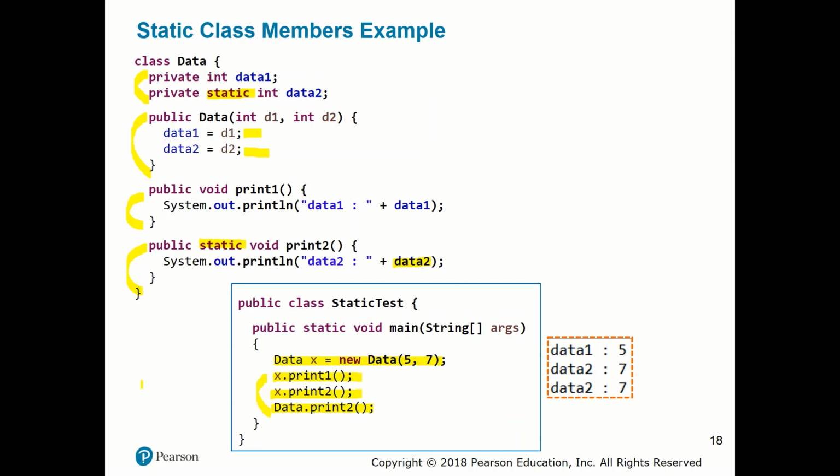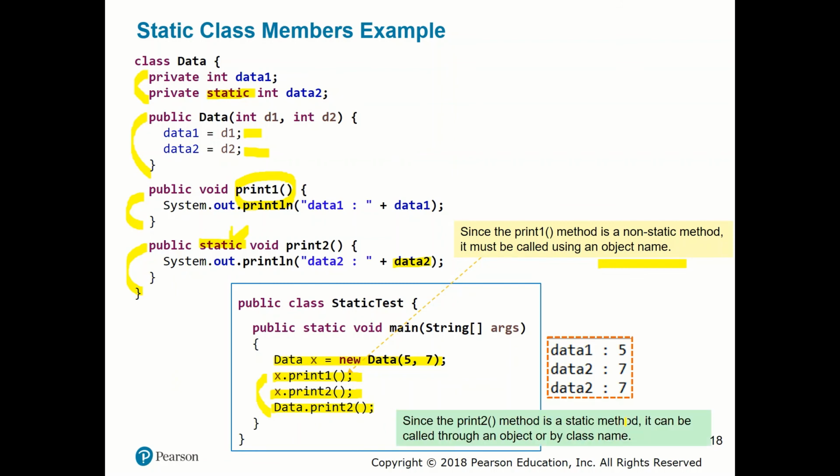As you see here, print1 is non-static, so it must be called using an object. And print2 is static, so it can be called through an object name or class name. Both are okay.